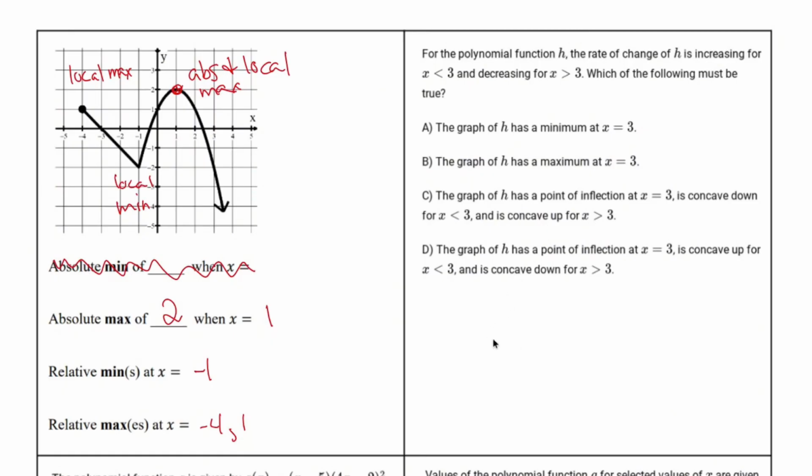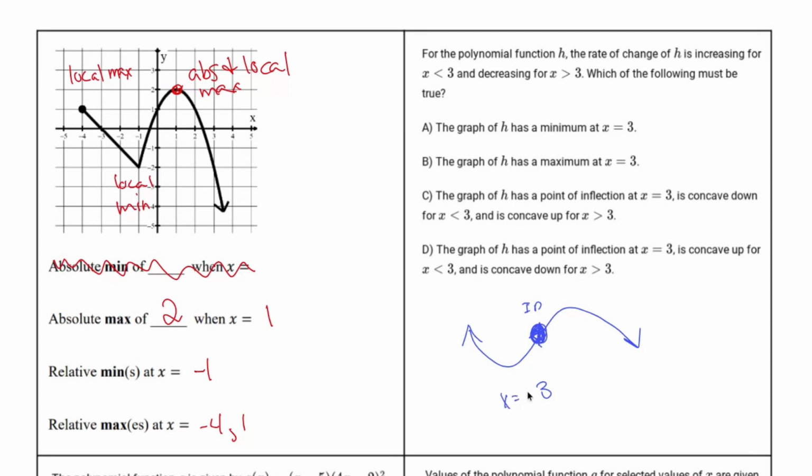Rate of change is increasing indicates concave up, where your slope is going up. Then all of a sudden at 3, it starts decreasing, which means we hit an inflection point, and now we're concave down. Okay, so that's what's happening here.